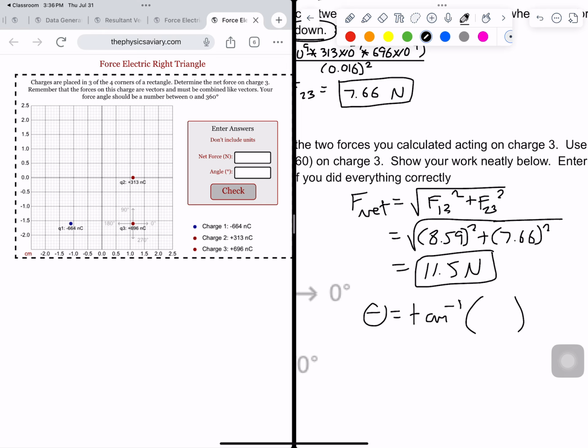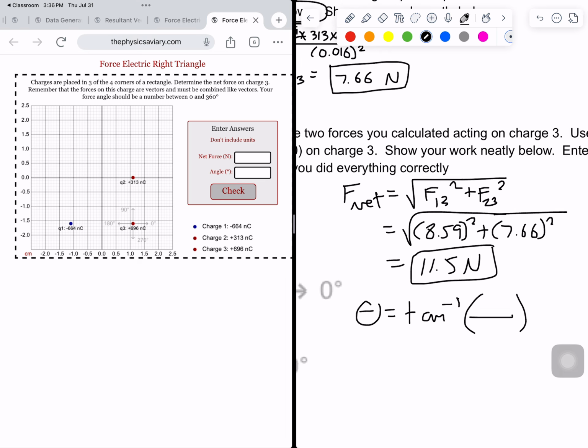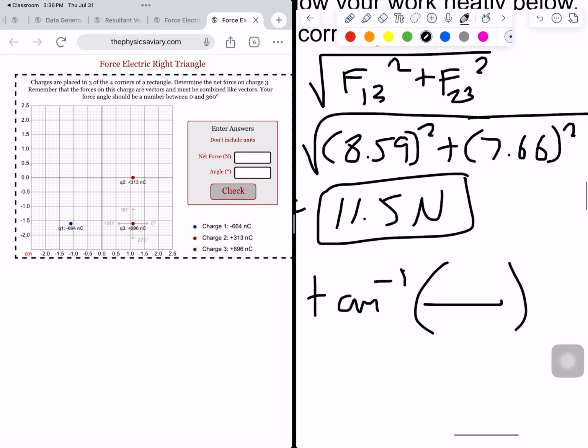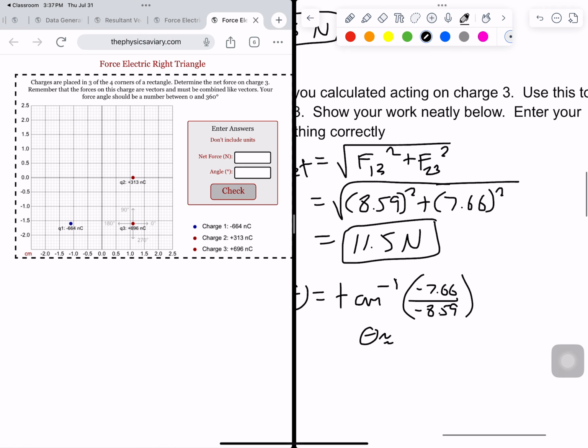Now, since both of my forces are technically pointing left and down, then I need to apply both of them as negative. So it's my negative y component, so negative 7.66, over my negative x component, which is negative 8.59. And my theta is going to approximately be, go ahead and enter yours, of course.